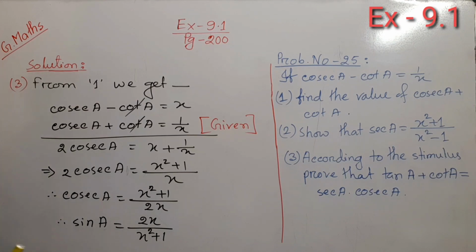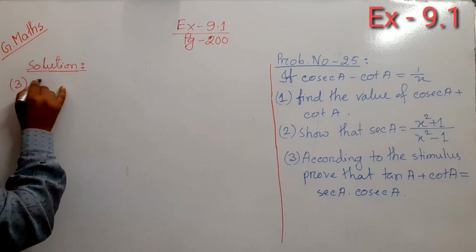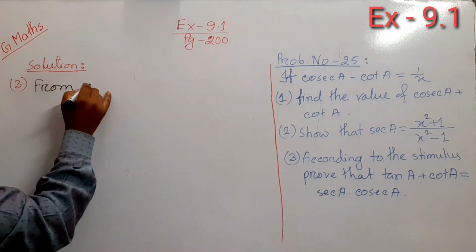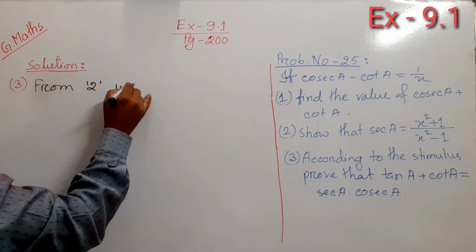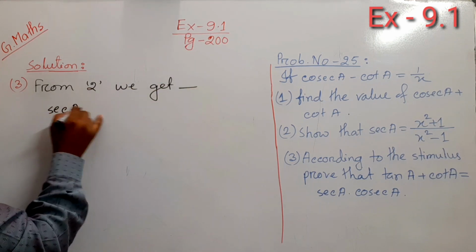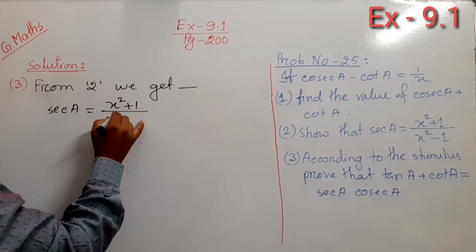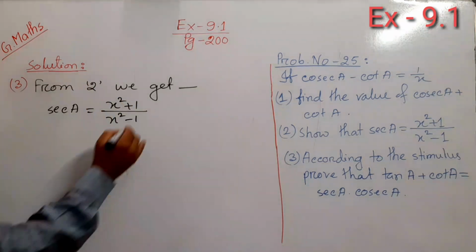Similarly from 2 we get sec a equal to x square plus 1 by x square minus 1.